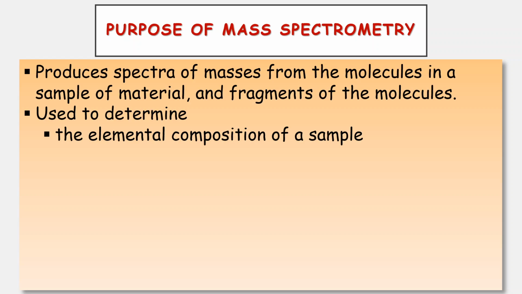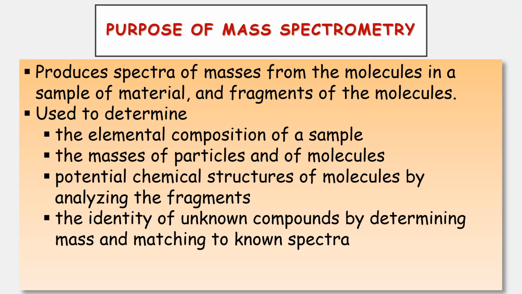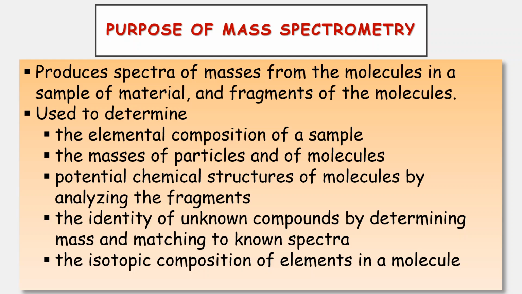So, all right. Here is the purpose of mass spectroscopy. I'm going to pull everything up first, and then we'll go through it one by one. A mass spectrometer is a device that chemists use, and it allows them to determine the elemental composition of a sample.